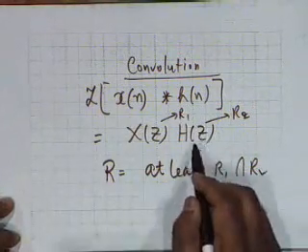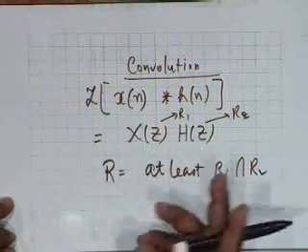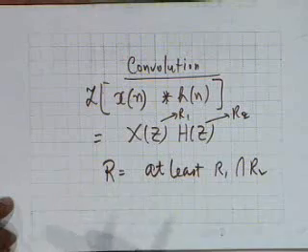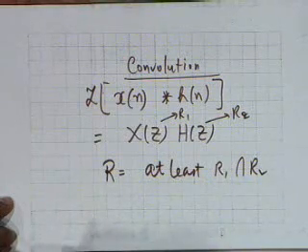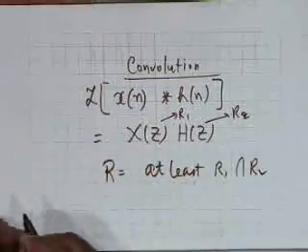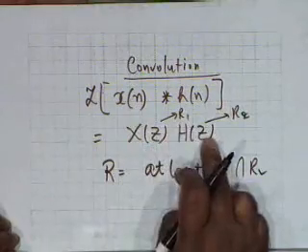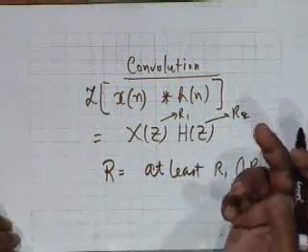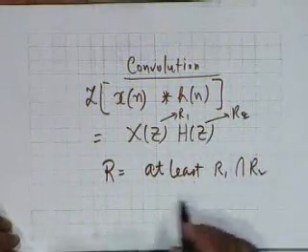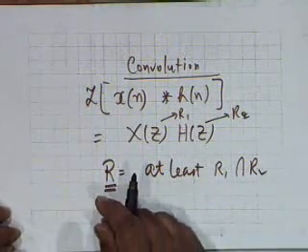For example, if H of z and X of z have reciprocal poles and zeros, that is, poles of one are zeros of the other. What is this relationship? Inverse relation. That is, if X of z and H of z are inverse with respect to each other, except for a multiplying constant, the new ROC could be as wide as the complete z plane, all right.